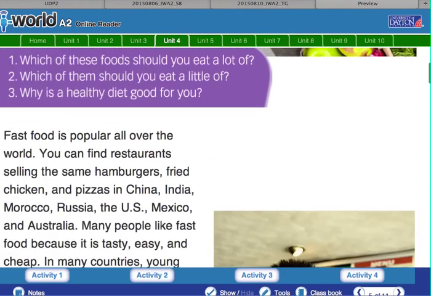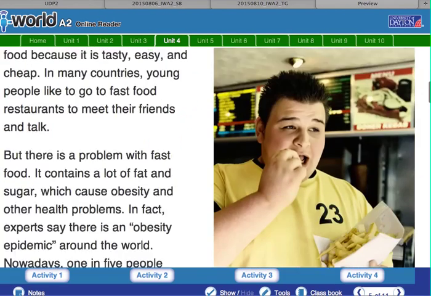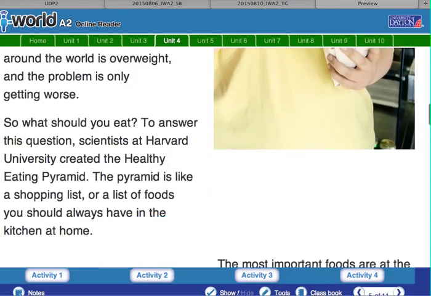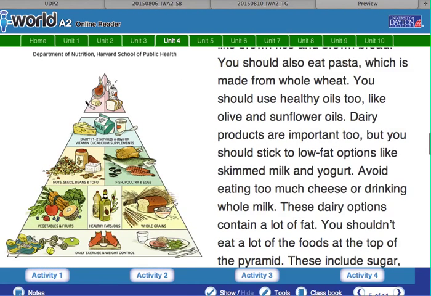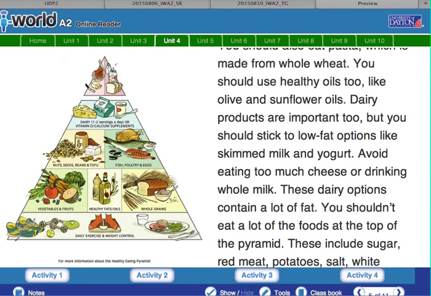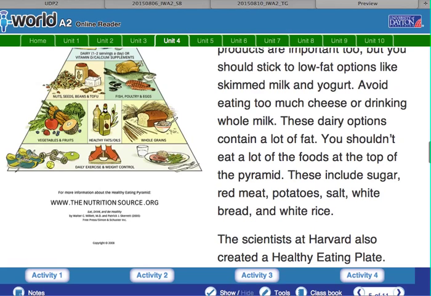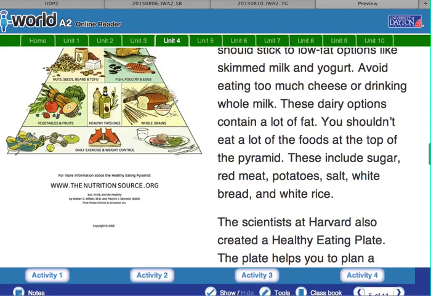I'd like you to read through the article about healthy eating. In the article, you're going to find information about a food pyramid and what healthy foods on the food pyramid are. And you'll also be looking at words to describe those pictures that you see on the food pyramid.